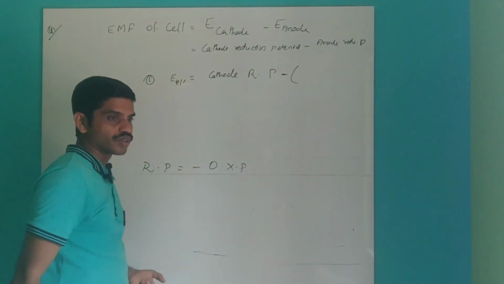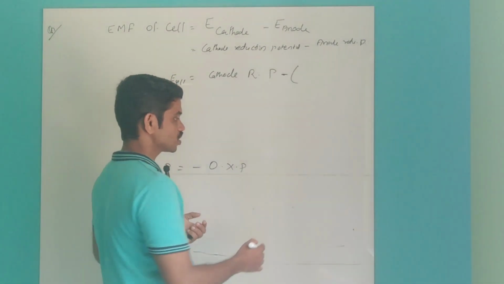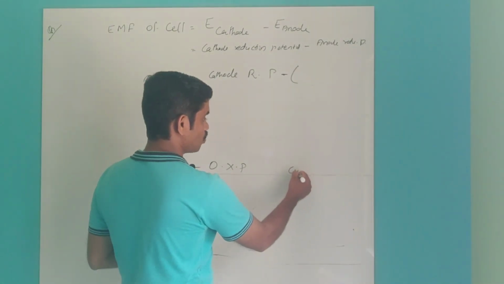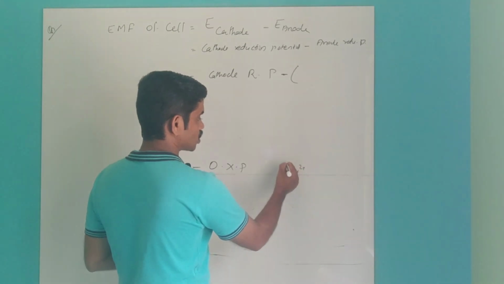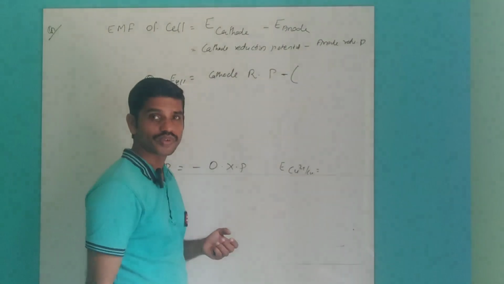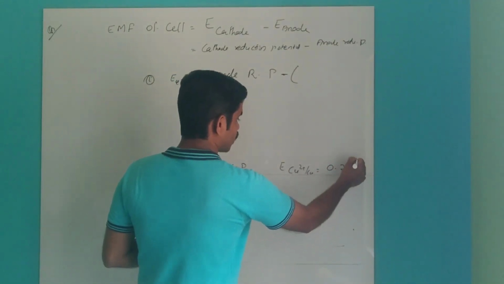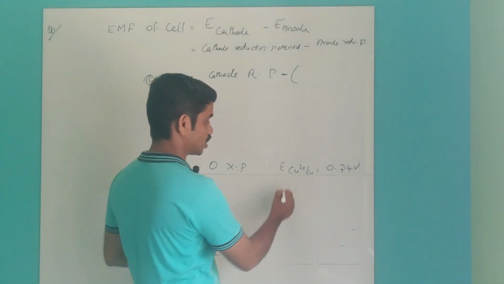So suppose the reduction potential of Cu2+ to Cu is equal to 0.34 volt, then what is the anode potential?